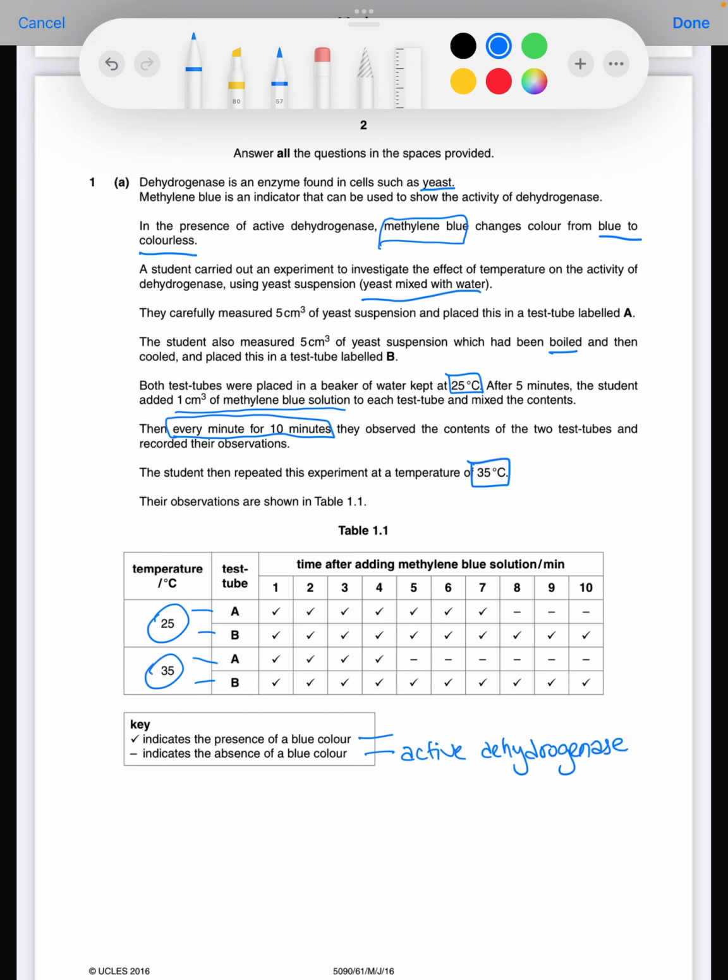And this means it's inactive when it's blue color. Now as you can see a difference in each case. In test tube A, we actually have the absence of the blue color. Now in the case of 25 degrees Celsius, the absence started quite late.